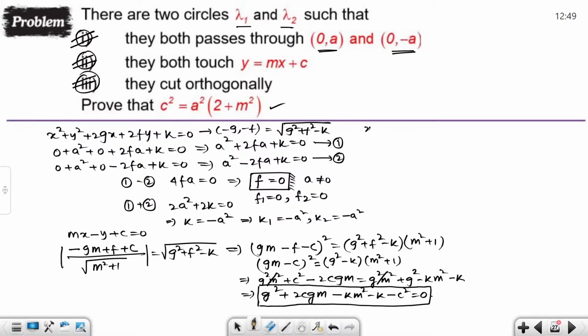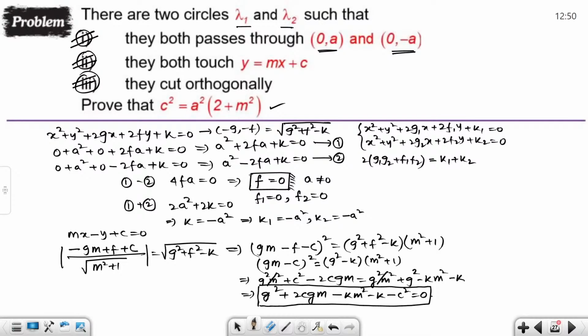I will say that the two circles are x square plus y square plus 2g1x plus 2f1y plus k1, and another one is x square plus y square plus 2g2x plus 2f2y plus k2 is 0, right? Now as these two circles intersect each other orthogonally, I will simply write 2 times (g1 g2 plus f1 f2) equals to k1 plus k2. Tell me yes or no.